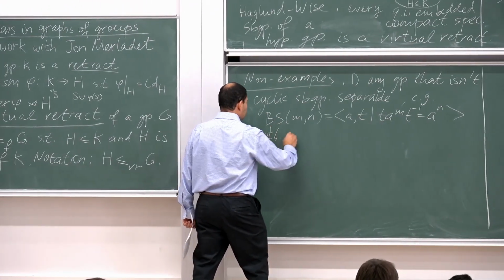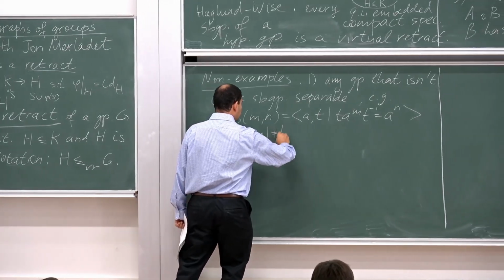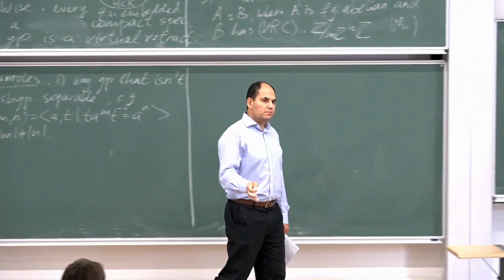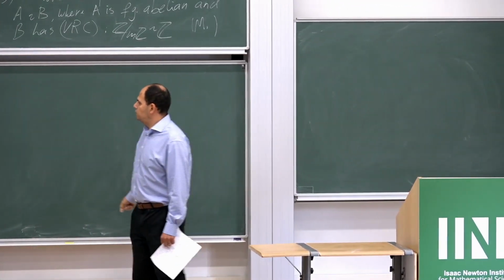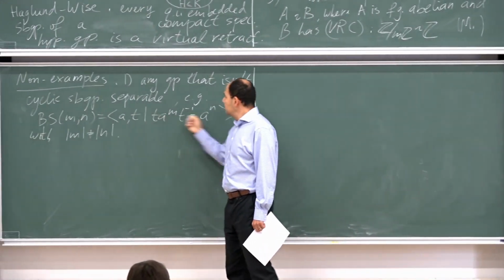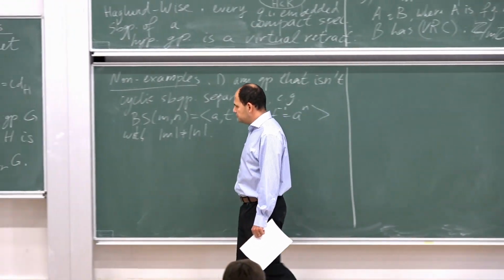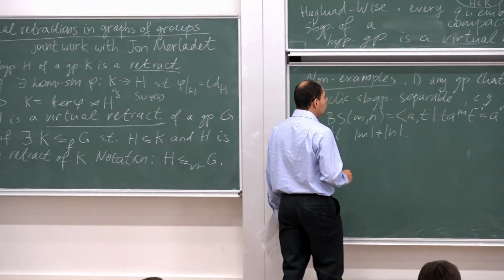Non-Euclidean means the modulus of m is different from the modulus of n. They will not be. I mean, these are basic HNN extensions of Z, right? And as long as this is true, they will not be cyclic subgroup separable, so they cannot have VRC.